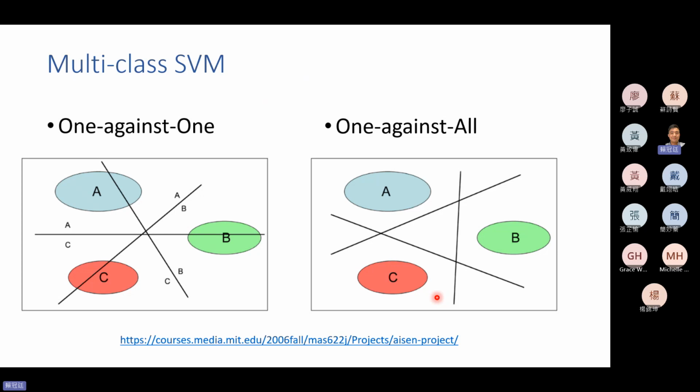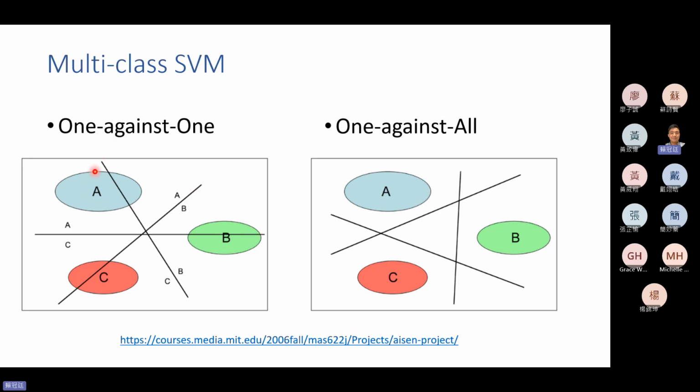Another problem of SVM is that it is used to separate binary data. So far, we are handling binary classes. We have 3 classes, but we group 2 of the classes together to become 1, and then we can find a plane to separate the 2 groups. So how can we handle multi-class with perceptron or SVM? The first way is to find a classifier for each pair of classes.